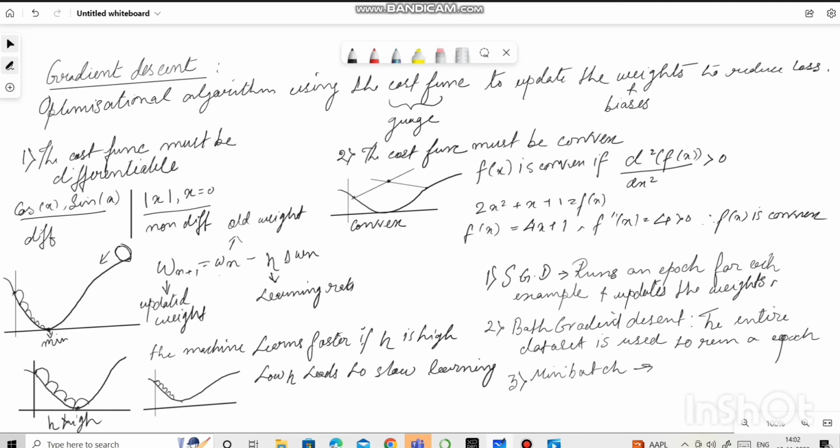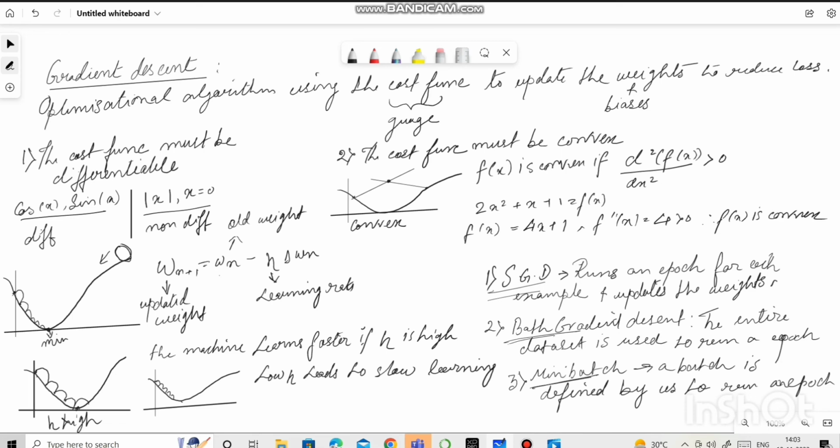So a batch is defined by us to run an epoch. It runs an epoch for the number of data points we have mentioned in a mini batch, and then it updates the values for the next run. They are SGD, batch gradient descent, and mini batch gradient descent.